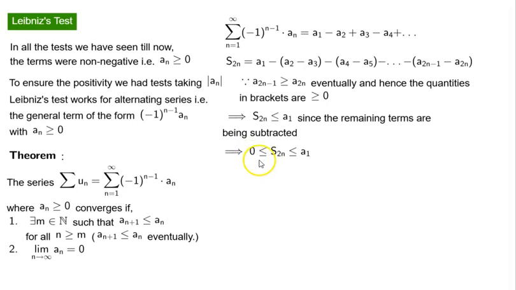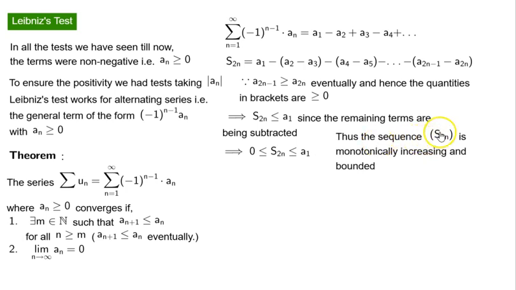Which implies that S sub 2n is bounded by 0 and a1. So thus the sequence of partial sums S sub 2n is monotonically increasing and bounded.